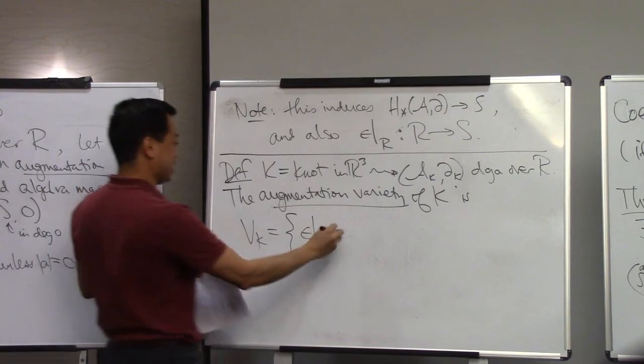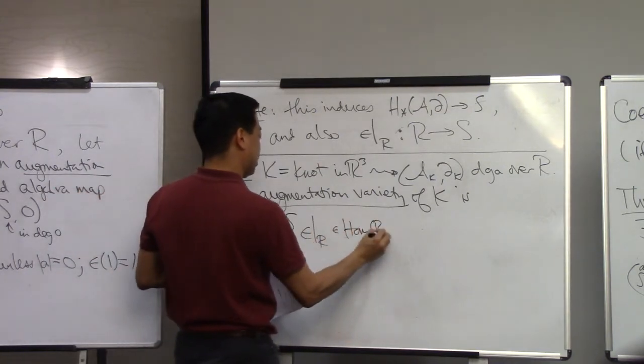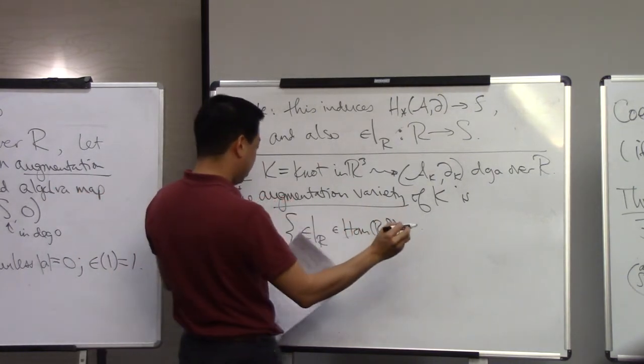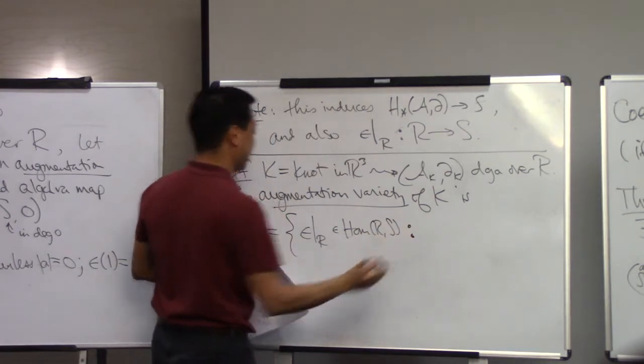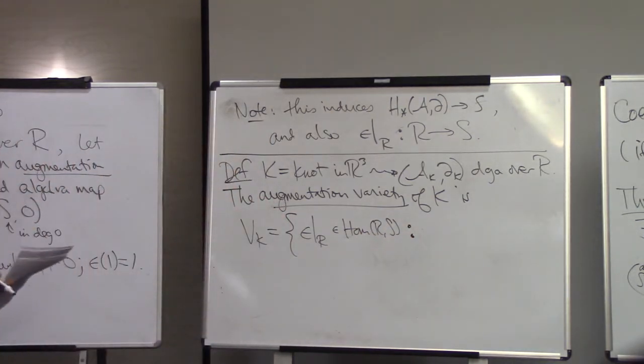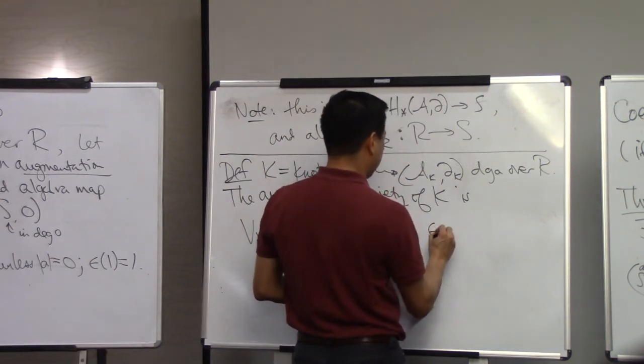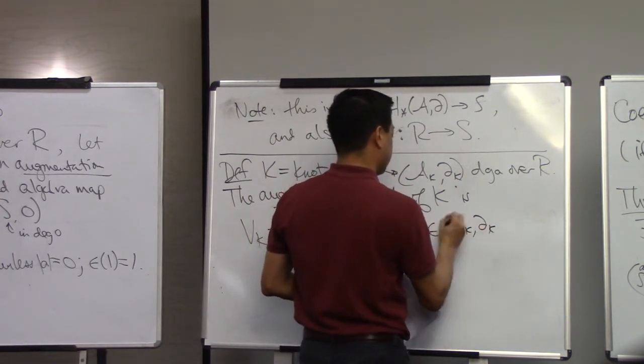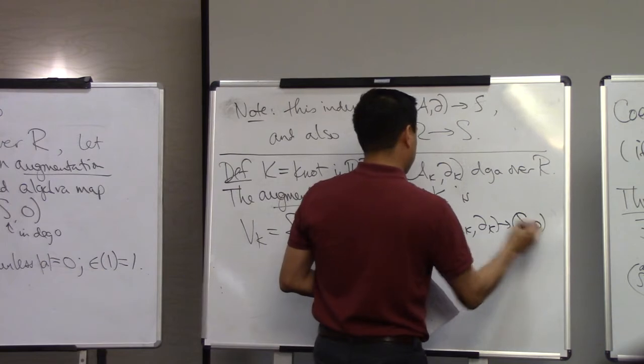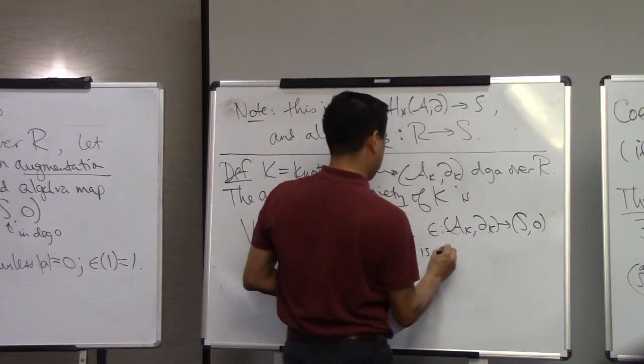This is a different epsilon. This is an element of R to S, such that epsilon is some augmentation from this to this.